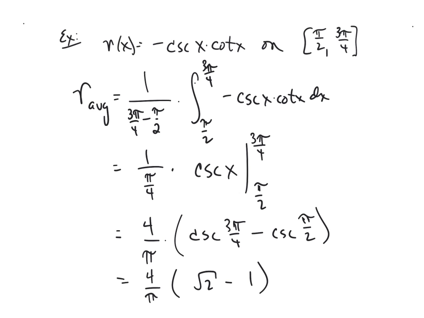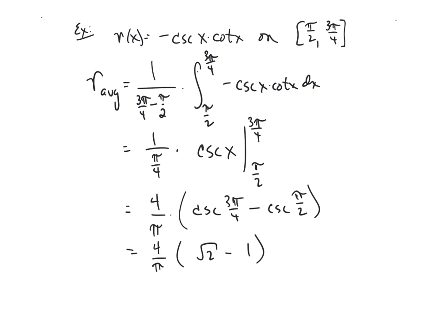And then again, it doesn't look very nice, so I'll just get a decimal value for everybody. So I'll have the square root of 2 minus 1 times 4 over pi. And if I punched okay, guys, I ended up at 0.53. So the average value of r is 0.53.